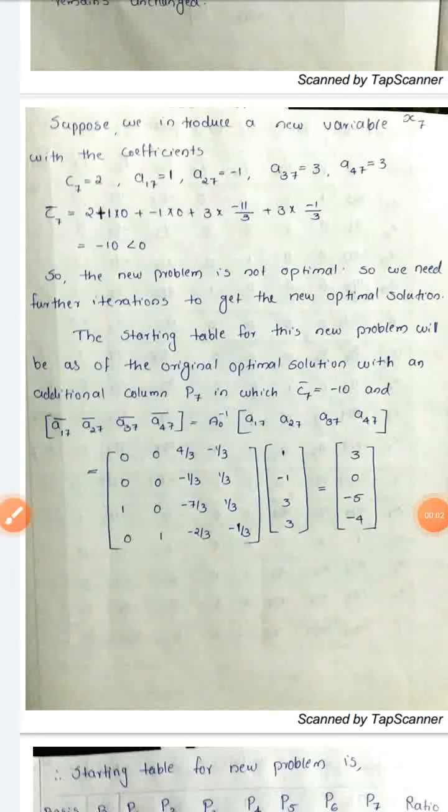Suppose we introduce a new variable x7 with the coefficient C7 equal to 2, and the matrix coefficients a17 equal to 1, a27 equal to minus 1, a37 equal to 3, a47 equal to 3. Then we want to find the relative cost coefficient C7 bar.